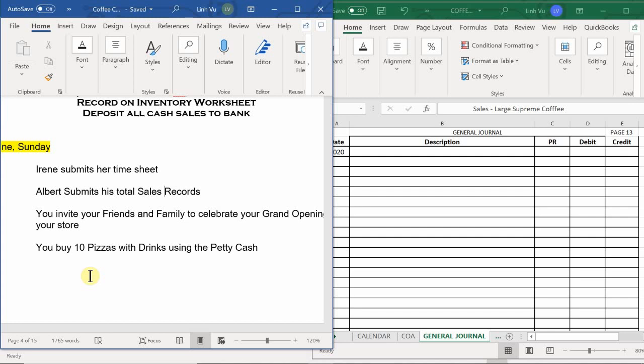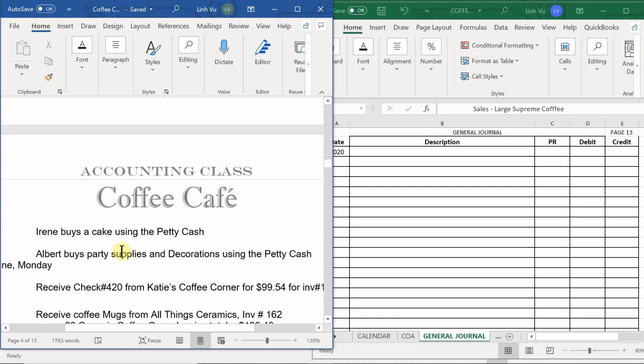So we won't be able to record it because we don't know how much he's taken out because we're not responsible for the petty cash drawer. Someone else is. So in this case, he bought pizza and drinks. Okay. We also had Irene go buy a cake and also use the money from the petty cash fund. And we also had Albert buy party supplies and decorations using the petty cash.